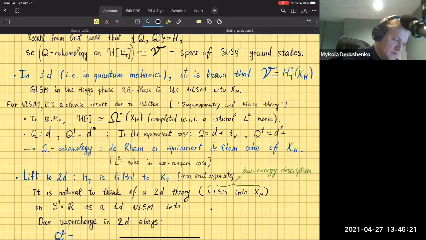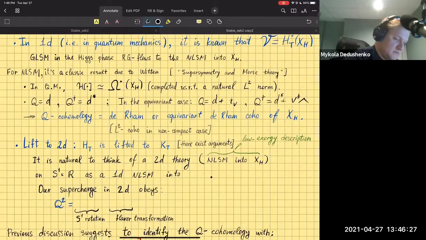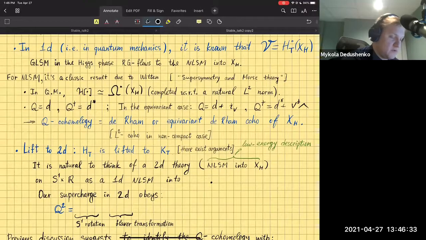I think it's, you take the corresponding differential form and then do this. So the Q cohomology in this case is just the de Rham, or in the equivariant case, equivariant de Rham cohomology of your Higgs branch, or your target manifold, or you should take some L2 cohomology in the non-compact case.